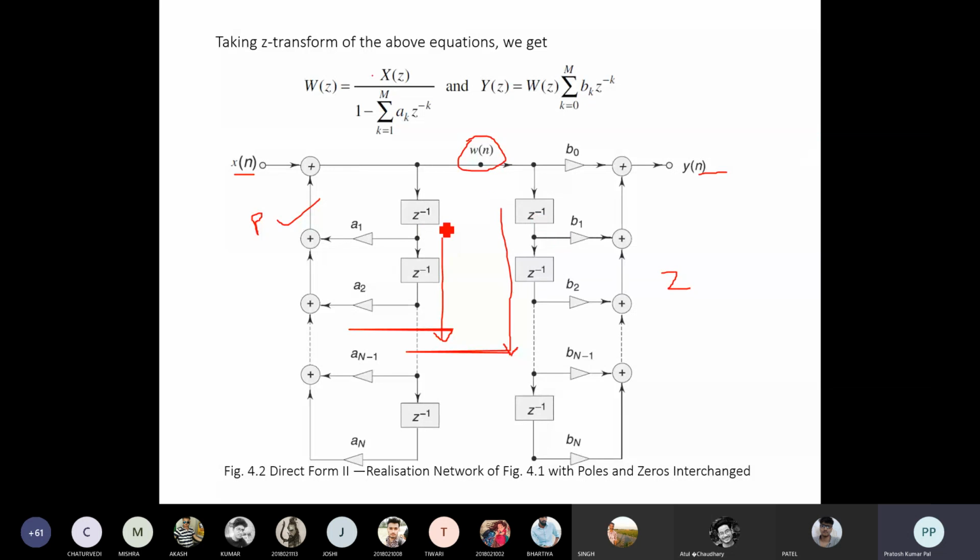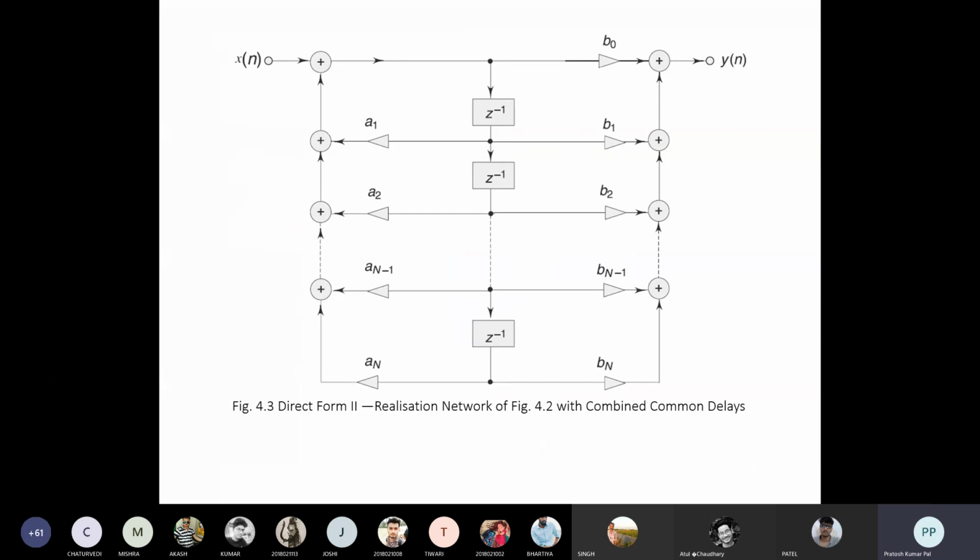So we can combine it and make it a common delay function. Instead of using n terms here and n terms here, where two n terms are being used, we can combine them, and finally we get this type of structure. So this type of structure represents the direct form 2 representation.